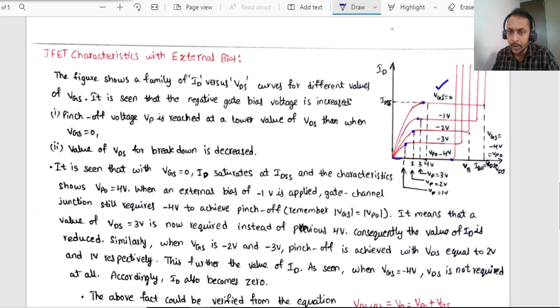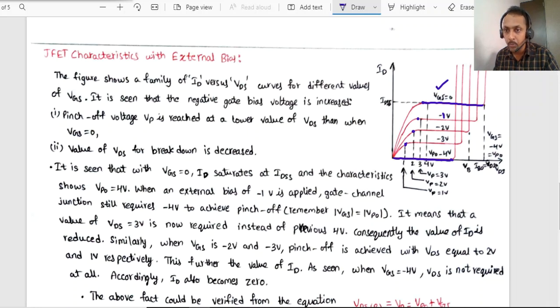If the gate source voltage is coming down, observe. If it is 0, this is the IDSS, the saturated current of the drain. Now VGS has been reduced a little bit, made less than 0.